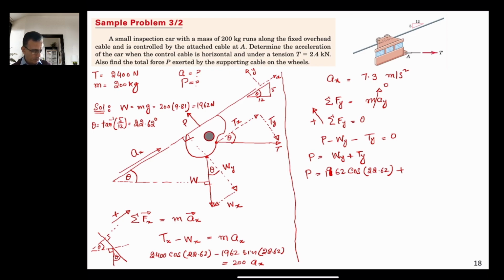So Ty will become 2400 sine of 22.62. So from here, then you can calculate the P, which will become 2734 Newton, or you can say that it will become 2.73 kilonewton.